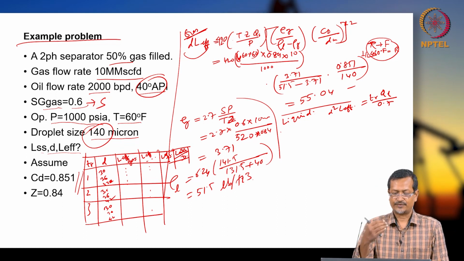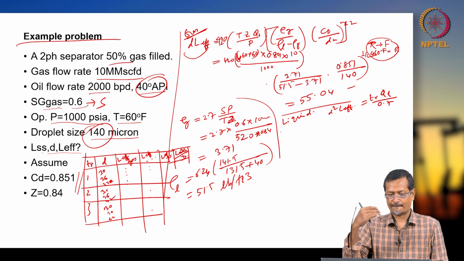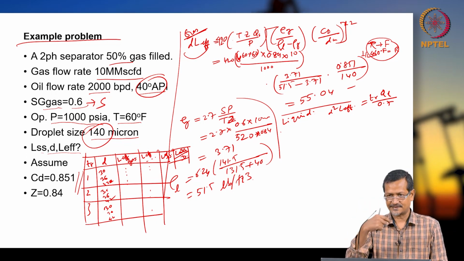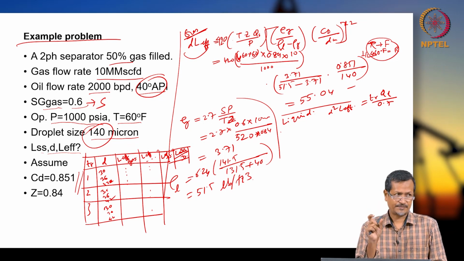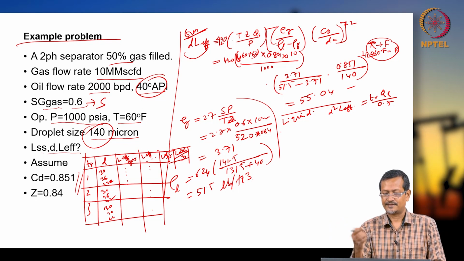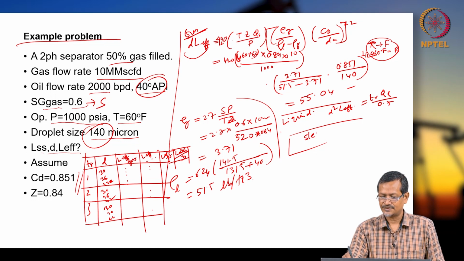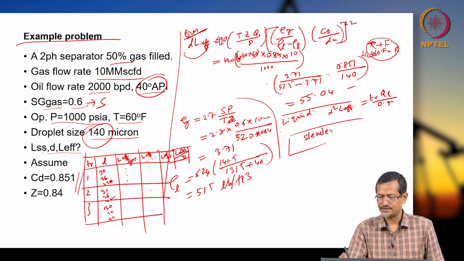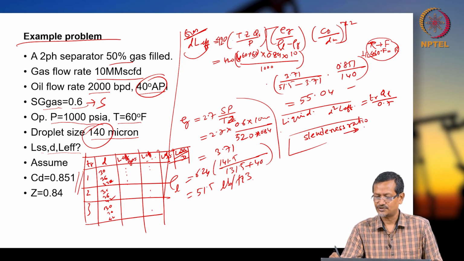Then you calculate LEFF for gas capacity and for liquid capacity, then the seam to seam length, then slenderness ratio LSS by D. From there you try to maintain a slenderness ratio of about 3 to 4.